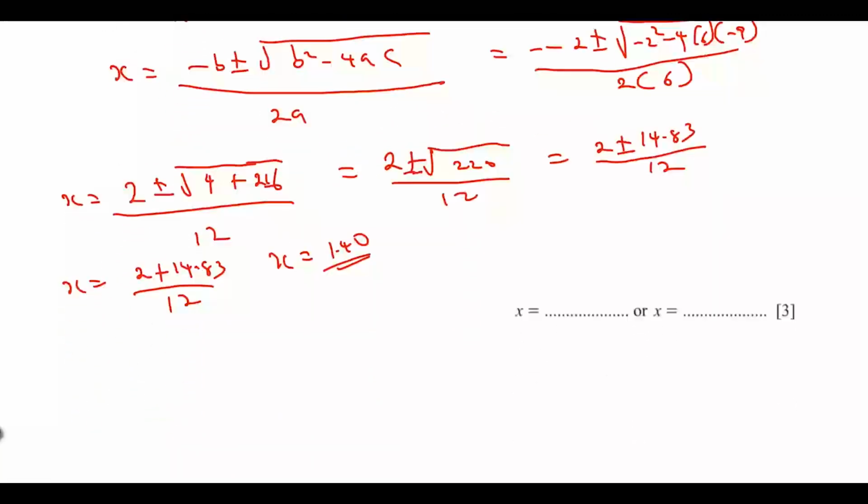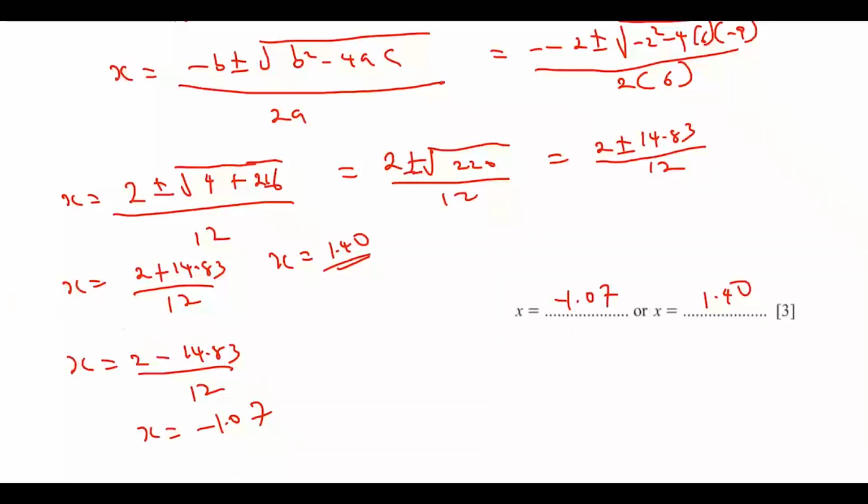If you take the negative one, it will be x equals 2 minus 14.83 over 12. If you do this again, you get the value of x equal to minus 1.07. So that means the values of x are minus 1.07 and x equals 1.40.